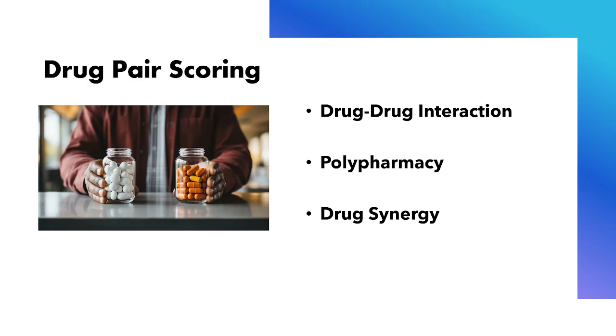There are three main categories: drug-drug interaction, polypharmacy, and drug synergy. I won't get too deep into the definitions of those. There's plenty of information online regarding what they consist of.